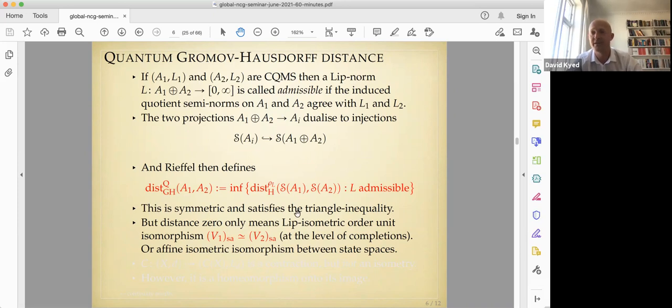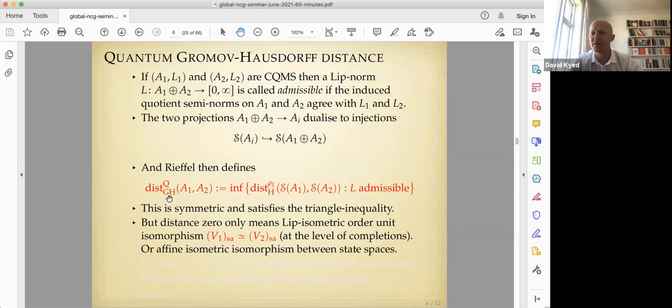If you happen to find this defect appalling, I should also say that there are various elegant ways of sorting this out. There is a much more sophisticated version of this quantum Gromov-Hausdorff distance due to Frédéric Latrémolière. It's called the quantum propinquity.